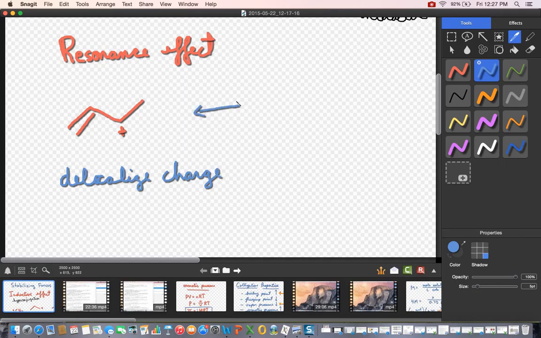In this particular resonance structure, I can push my pi electrons from C1 and C2 to C2 and C3 because C3 is sp2 hybridized, just as C1 and C2 are sp2 hybridized.